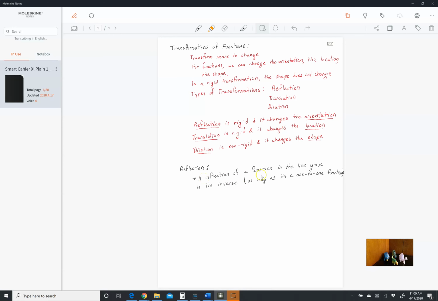If it's not a one-to-one function, then it just wouldn't be called an inverse, but you would reflect it in the same way. So if you remember, we switched the y and the x. Just switch x and y and solve for y.